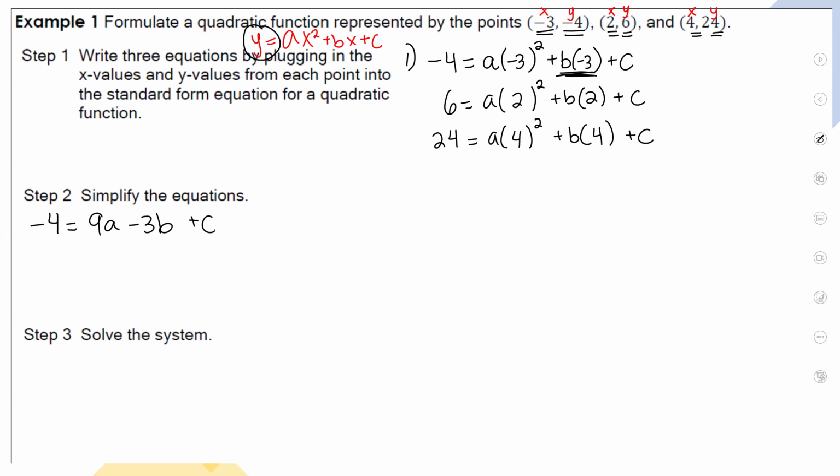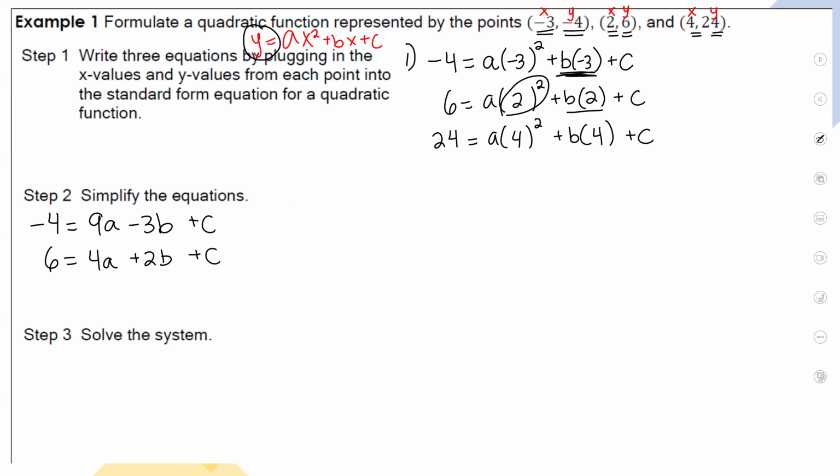Let's do the second one. It'll be 6 equals 2 squared is 4. So this will become 4a. B times 2 is just 2b plus c.